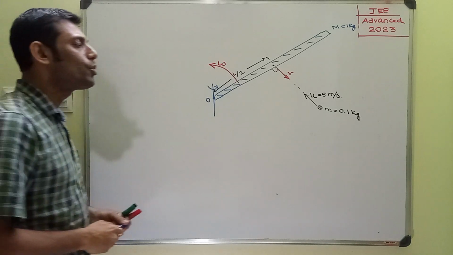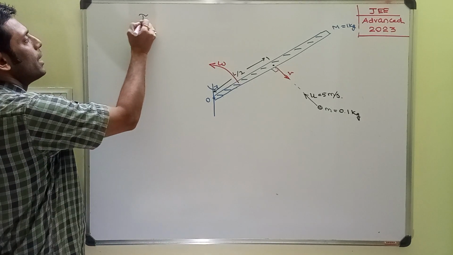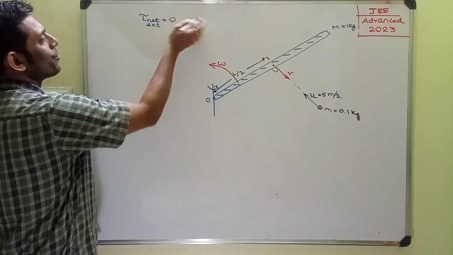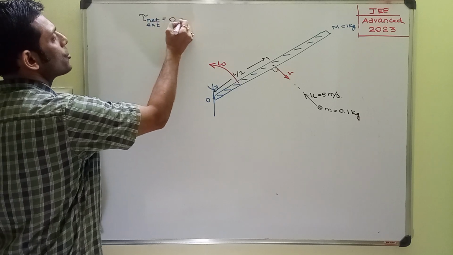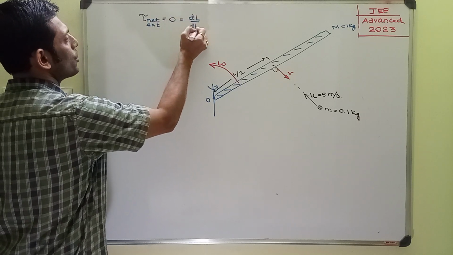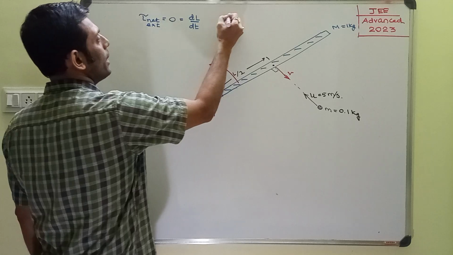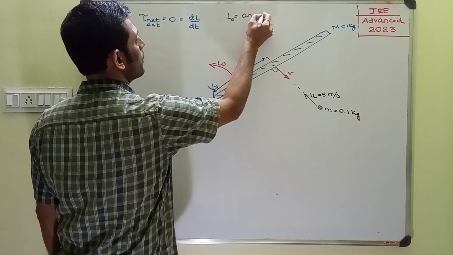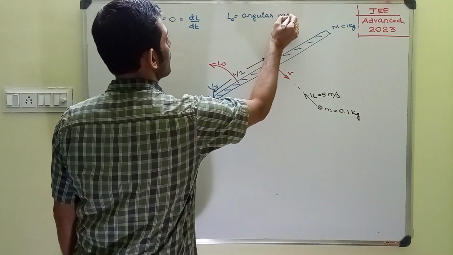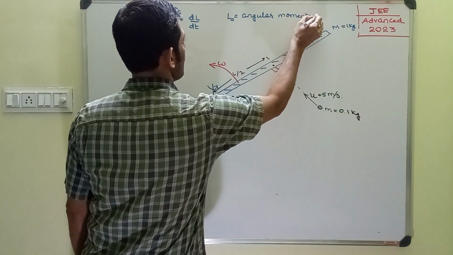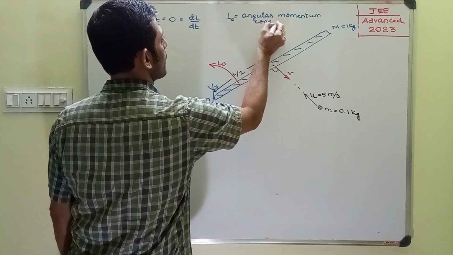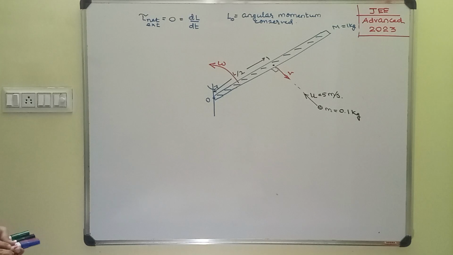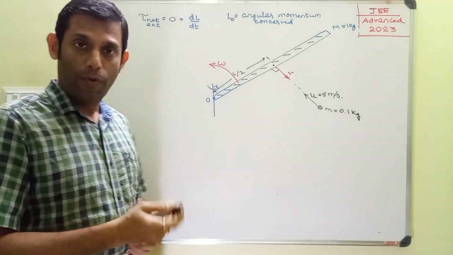Is any external torque involved in this situation? The net external torque being 0, dL by dt is 0. That means angular momentum about O is conserved. If angular momentum is conserved, do we have any initial angular momentum provided to the system?